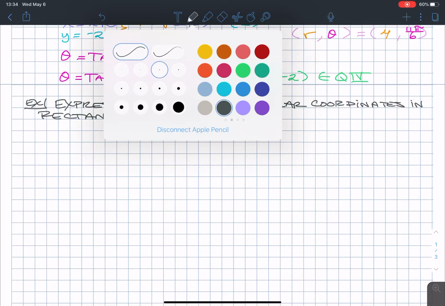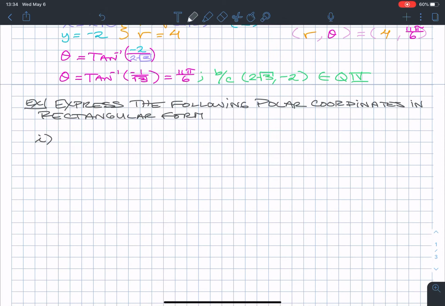Okay, so number 1, what do I give you? I give you 4, comma 5 pi over 6. So we know that our radius r is 4, and our angle theta is 5 pi over 6.